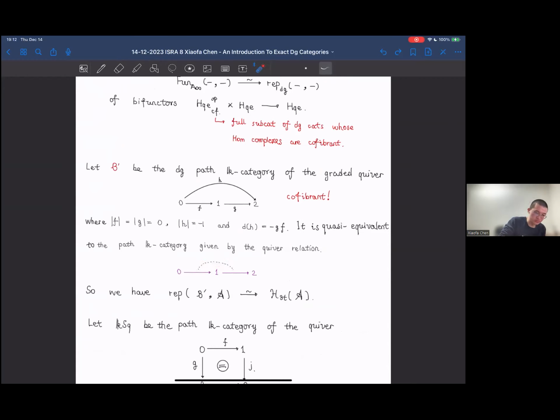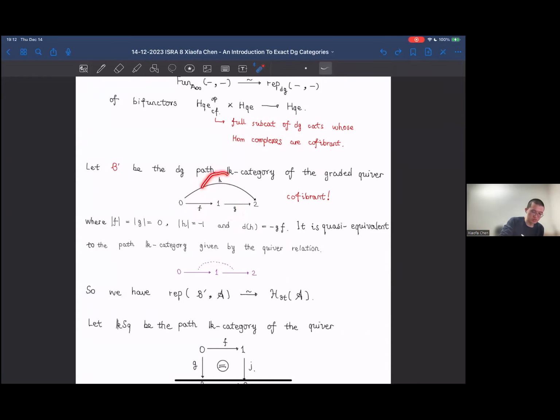Here is the DG path category of the graded quiver, which consists of three objects, two morphisms of degree 0 and a morphism of degree -1, and these two are closed morphisms, and the differential of this morphism is the minus of this composition.